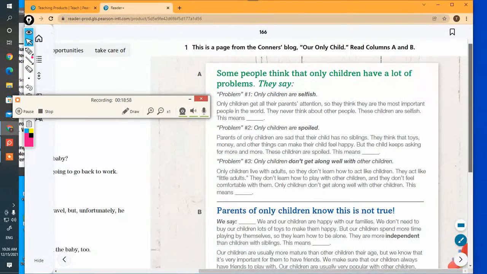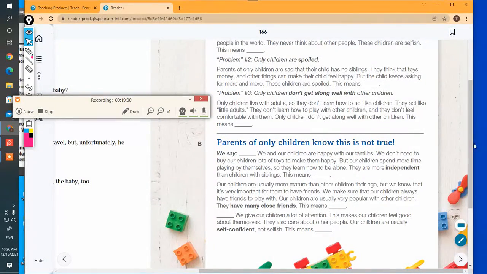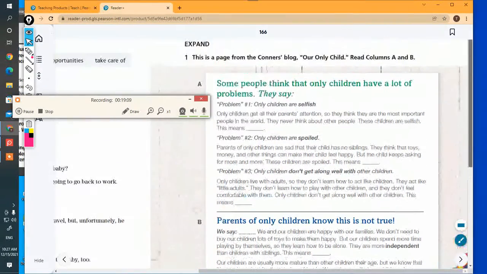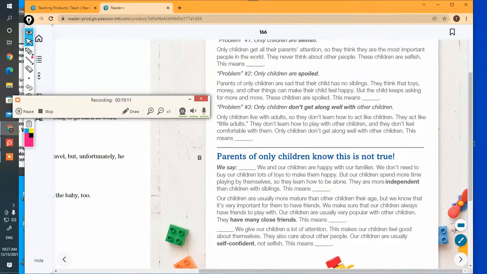In B, we have the response from the parents of only children. So for each of the problems in A, they have a response, but these responses are mixed up. They're not in order. When we read this, we see a new vocabulary word, independent.